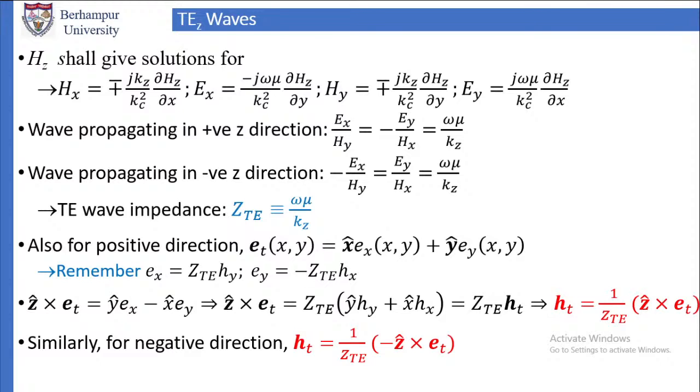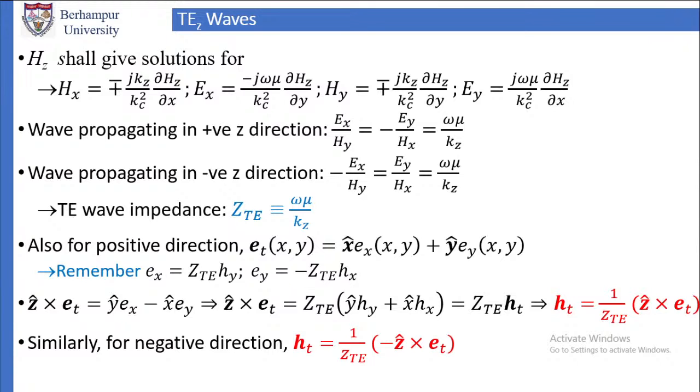So Ex is positive, Hy is positive, that gives you the direction Z. Or Ey is positive, Hx is negative, or Ey is negative, Hx is positive. That also gives you the Z direction, because Ey cross minus Hx is equal to Z, or Y cross minus X is equal to Z, or X cross minus Y is equal to Z. So that gives you the Z direction.